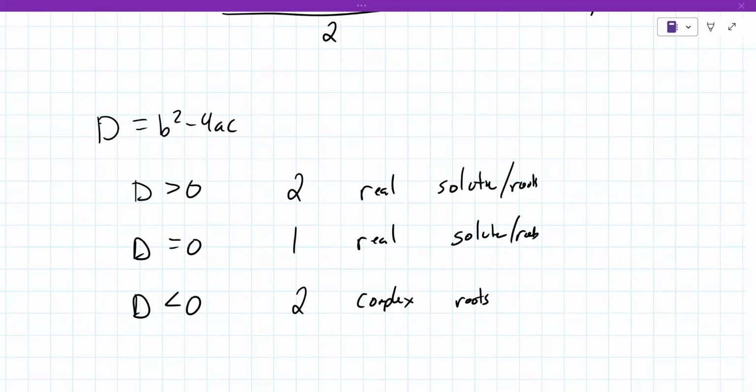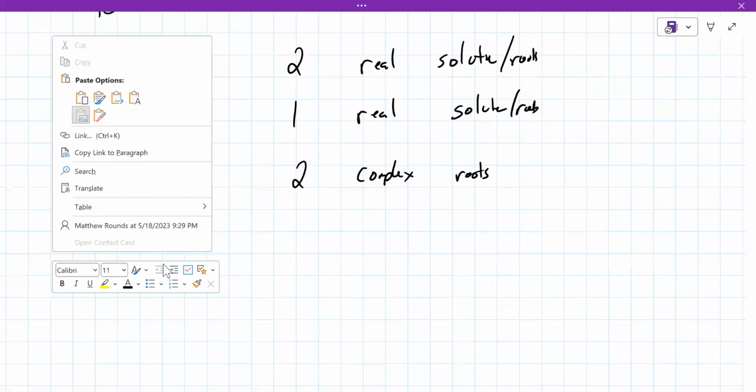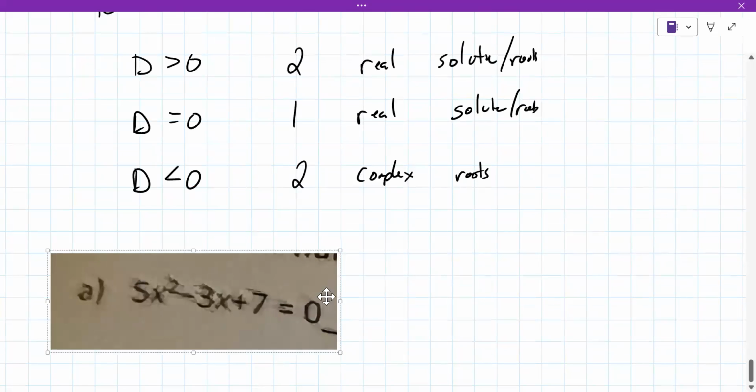Starting at number 6a, you first have to determine the discriminant, which is really the only part of the quadratic formula that can be obtained. You've got to calculate b squared minus 4ac. You just need to know the sign, but I'd like you to try getting the right numerical value for the first one here.